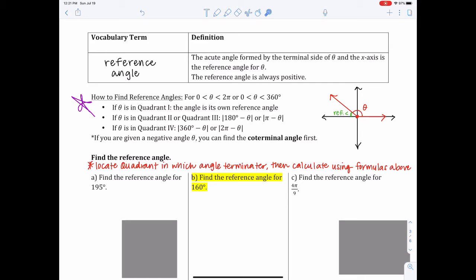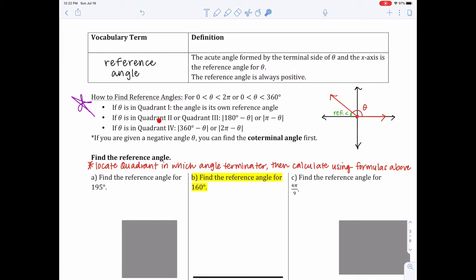So basically we have 3 different cases for finding reference angles. Case 1 is if quadrant 1 is where our terminal side is. So if we end over here, our angle is its own reference angle. We don't need to do anything to it. If our angle is in quadrant 2 or quadrant 3, meaning up here or down here, we're going to subtract 180 degrees or pi from it and take the absolute value because, again, we want positive angles.